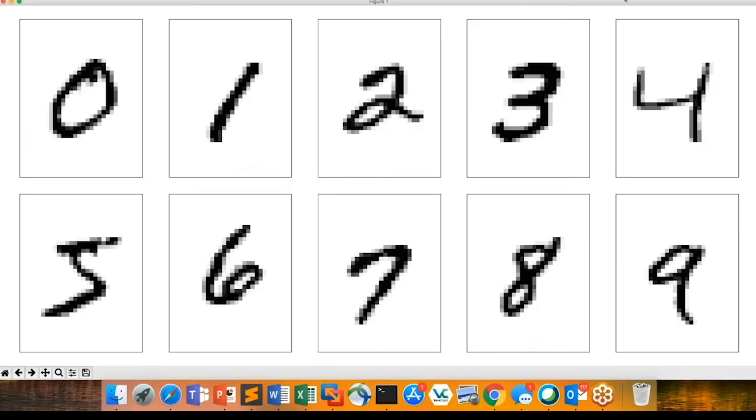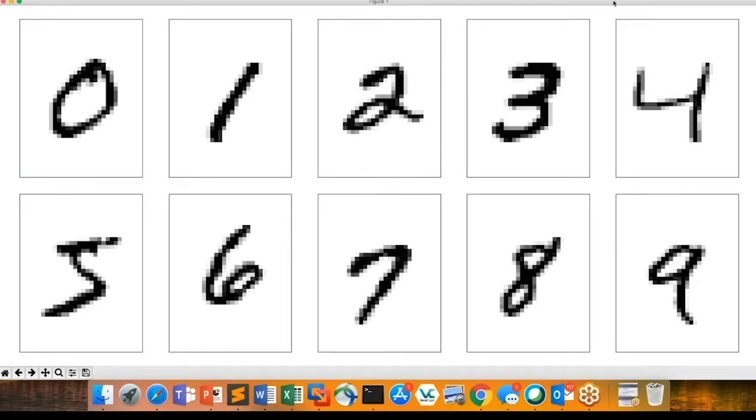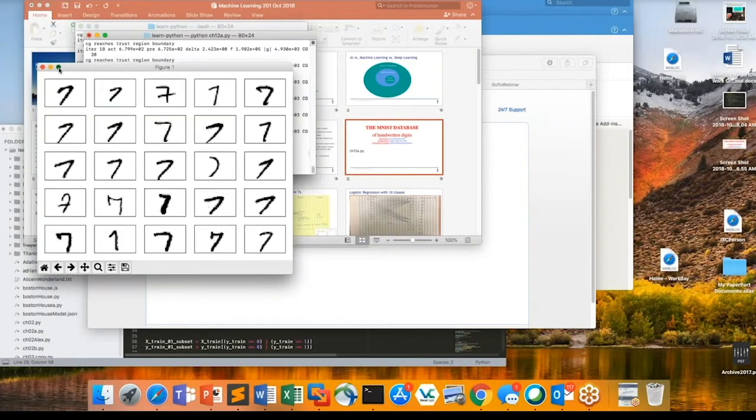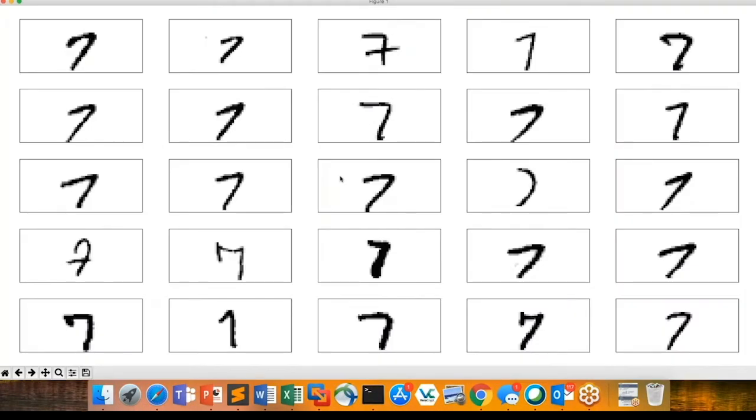All right, let me minimize that. These are the first examples of each of the digits. And then there's variety, of course. This is the first 25 sevens in the data set. Even if you were to write a program, you'll suddenly remember, oh, people write 7 slightly differently.